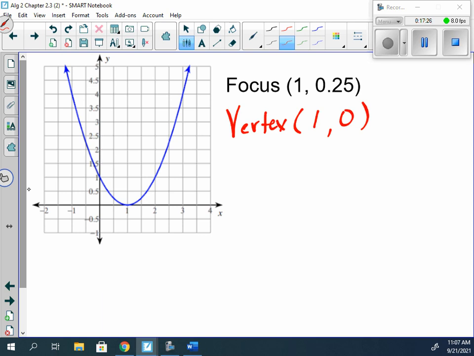Which one's changing from the vertex to the focus? Y. We can also say which one's not changing, the x, yes? So that means the equation we're working with is y equals 1 over 4p, parentheses x minus h squared, plus k.